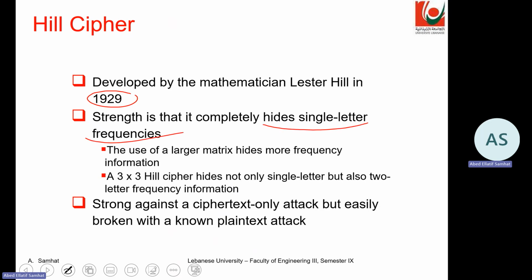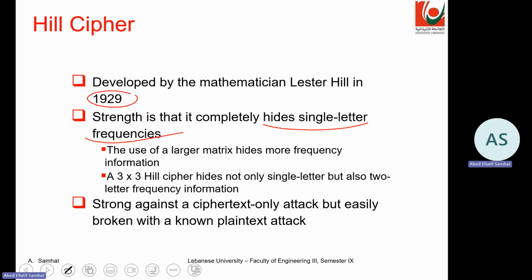The objective here, as we said, is that if we can use the relative frequency of letters or even of two letters, it's possible to break the algorithm. So Hill tried to do it in another way and to hide this single letter frequency.